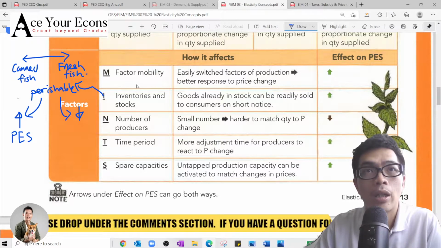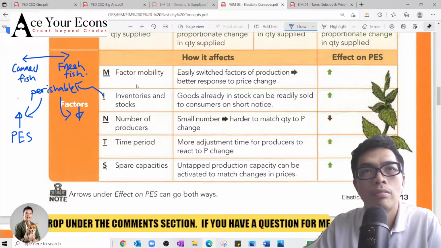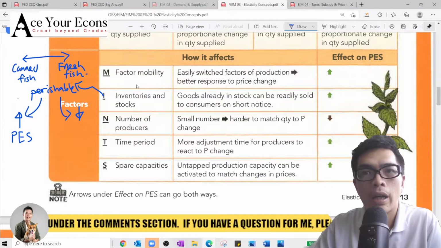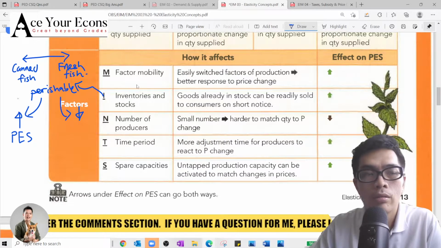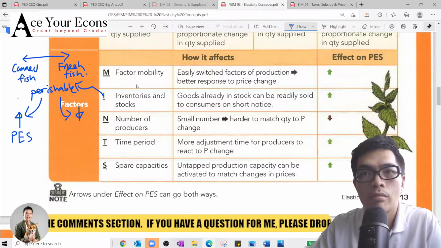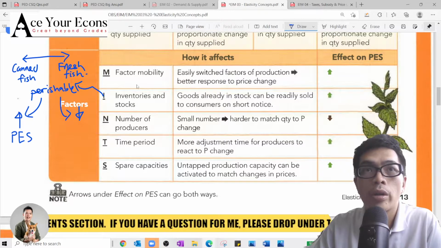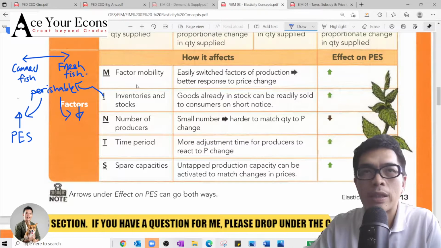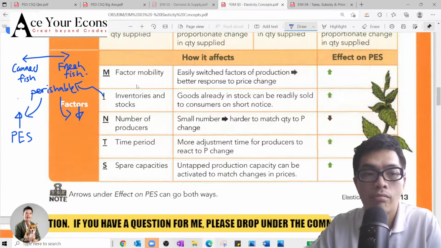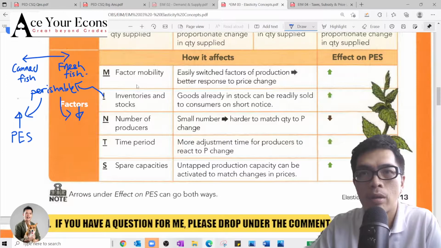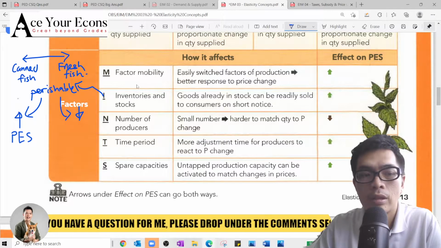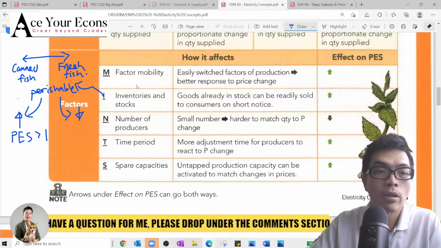When you can keep a lot of stocks, you can afford to keep them in the warehouse. Good, Jiaming. Will your quantity supplied respond more to price changes if you can afford to keep them more? Right, so PES will be greater than 1.